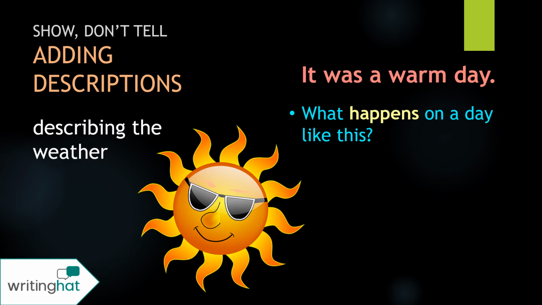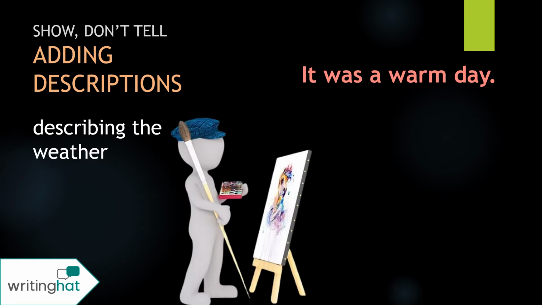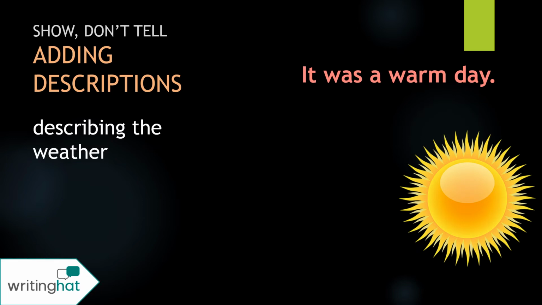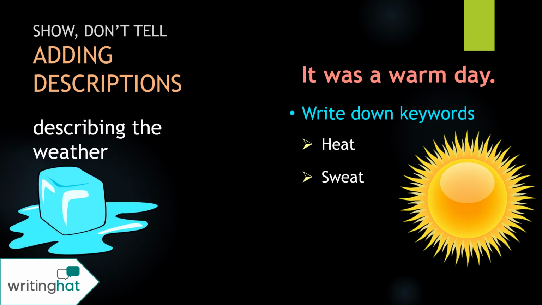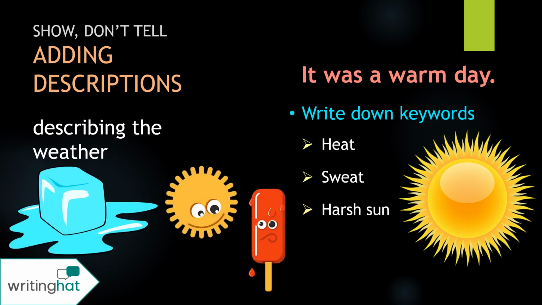What happens on a day like this? Now, can you paint a picture for your reader using words that relate to the word warm? Write down a few keywords that relate to a warm day. Words like heat, sweat, and the harsh sun.